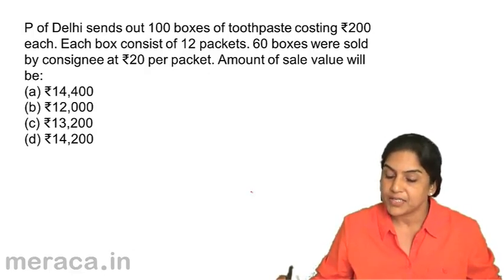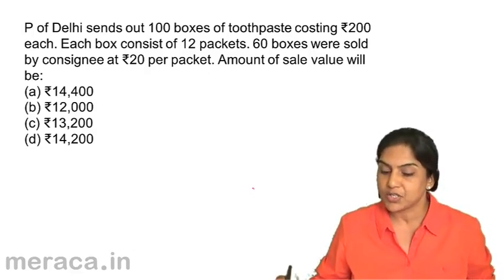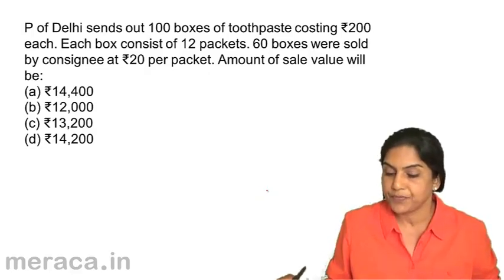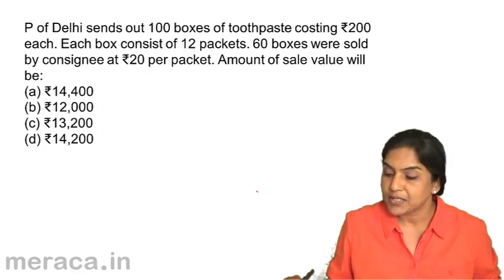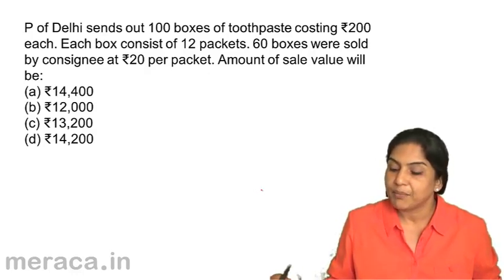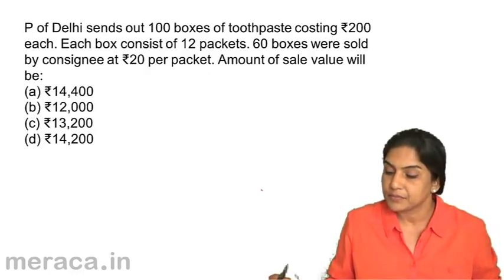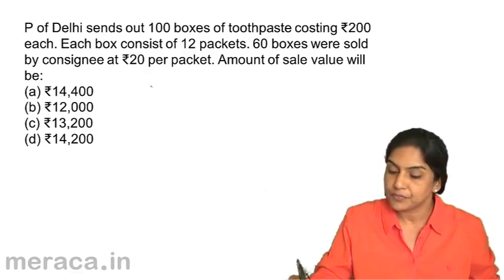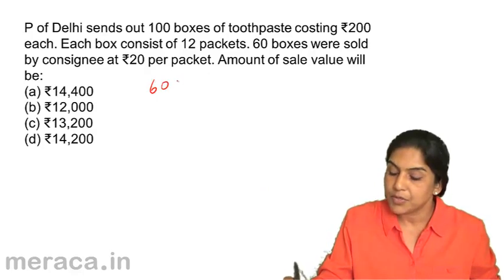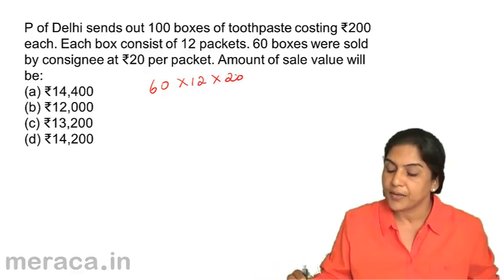P of Delhi sends out 100 boxes of toothpaste costing 200 each. Each box consists of 12 packets. 60 boxes are sold at 20 per packet. Amount of sale value: 60 boxes, each has 12 packets at the rate of 20.